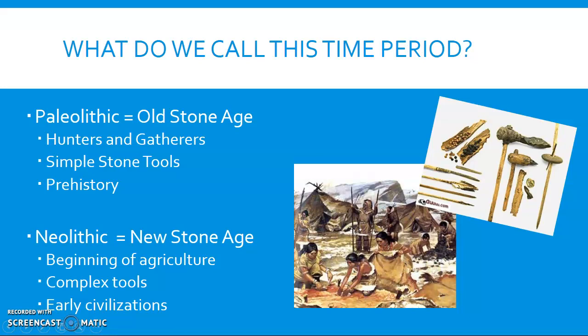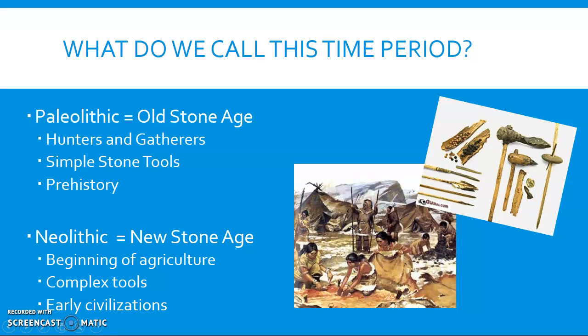If you're a historian, you look at history as being written records. So this is before people were really writing anything down. They didn't have the means to write. They didn't have the need to write. So a lot of what we know from this time period comes from artifacts. If we find some stone tools, some cave paintings, things like that, that is where we get most of our information about this time period.